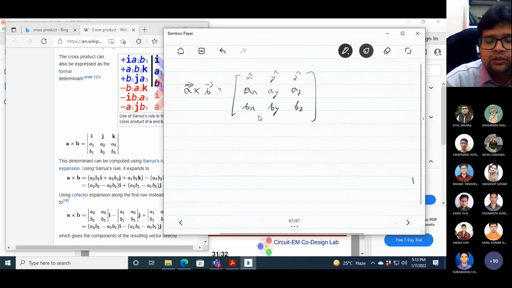So it is similar to the way you take the determinant of a matrix.